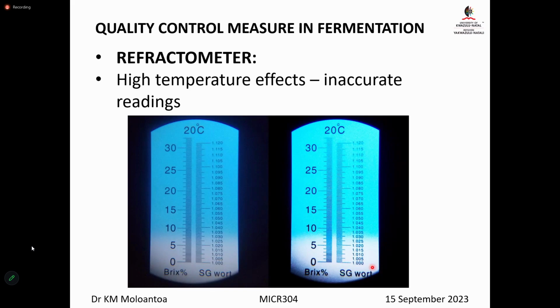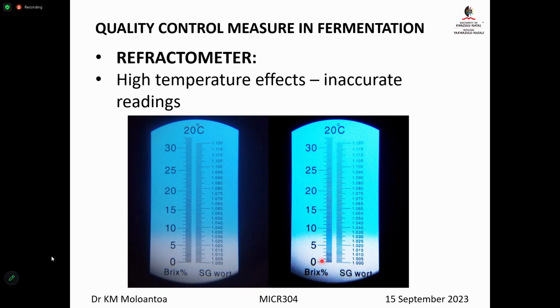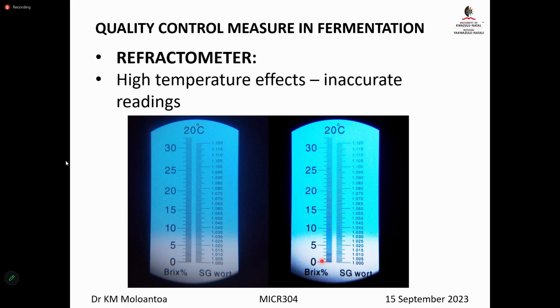And what is the reason behind that? Why are we getting 0 Brix? 100% correct. With water, there's no sugar inside it and there are no dissolved solids, which is why it will give you 0 Brix and then 1.000 gravity.